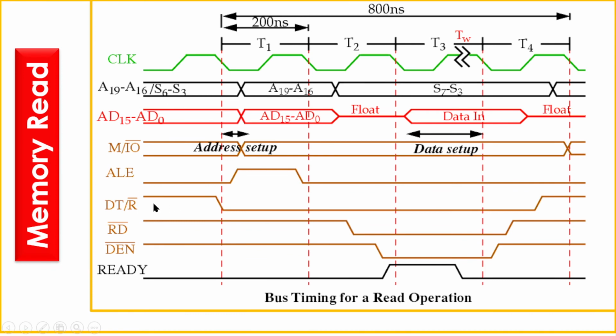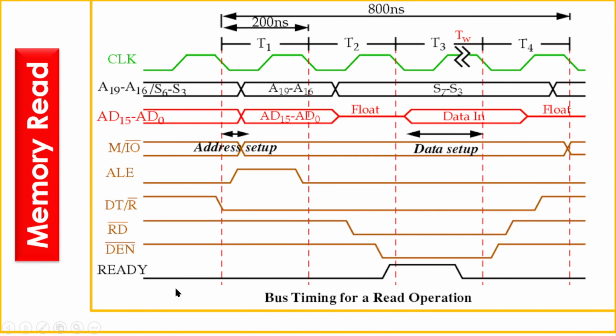In the memory read machine cycle, the memory read signal is 0, so it will be 0 continuously for the entire T state. Then the read signal is enabled only on T2 and T3. So by this time the read signal is enabled. Data enable is available only at the particular time, whenever the bus has data.